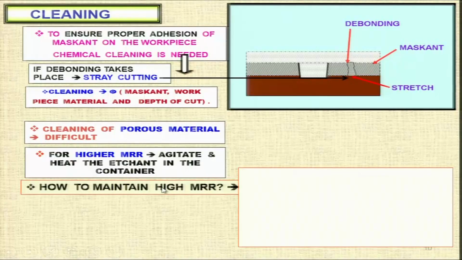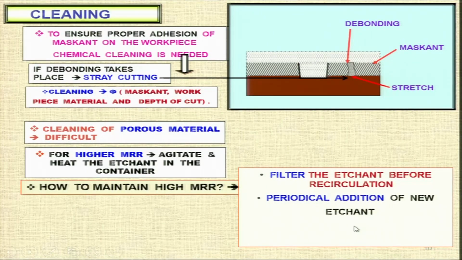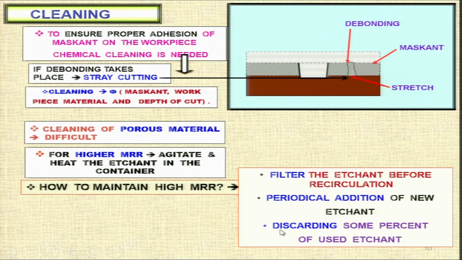How to maintain high material removal rate? Filter the agent before recirculation, and periodically add new agent. Now what normally is done is that after machining a few components, say you take 30% of the agent out and add 30% fresh new agent, and this is how you can continue, that is periodical addition of new agent to the agent bath, discarding some percent of used agent.